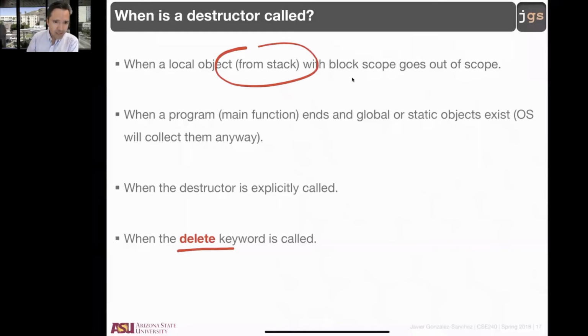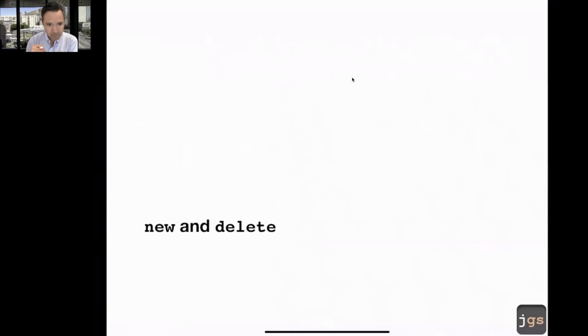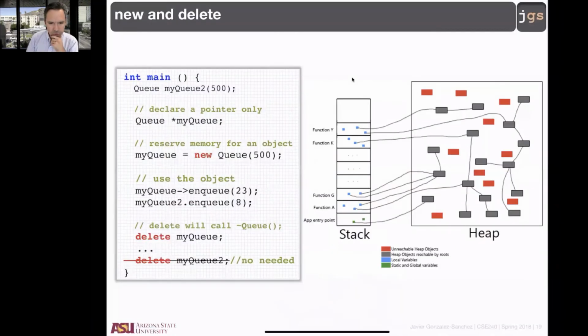If I want to use delete, I need to use new. So new and delete, and I am going to mix this with constructors and destructors. Let's see, new and delete. Another example, I am going to use the same class that I had before. The only thing that I am going to do is change the main. So this is the same Q class that we had before, same constructor, same destructor, and same messages.